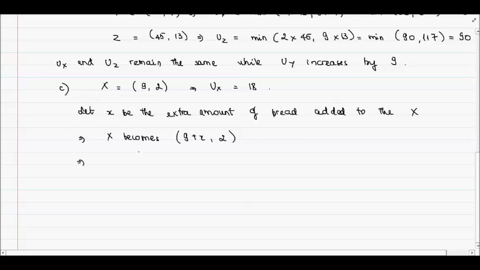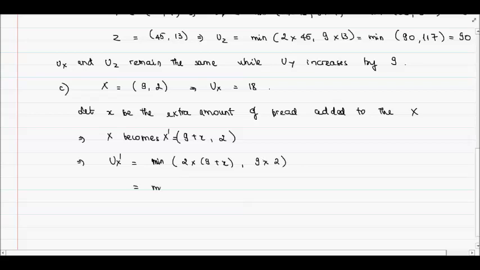We want to find the utility of the new bundle, which I'll call X dash. So the utility of X dash is just going to be the minimum between the value of bread, which is 2 times (9 plus x), and the value of cheese, which is 9 times 2.